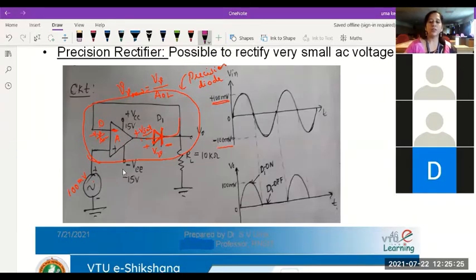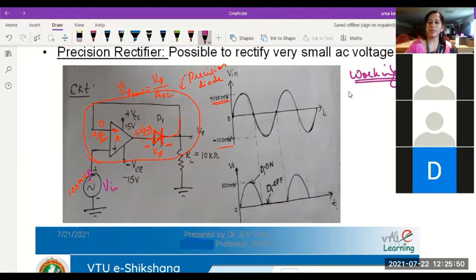Okay, so let's try to analyze the working. How does this work? We have given input voltages Vin of around 100 millivolts peak, so 200 millivolts peak to peak or 100 millivolts peak. You can see here in the waveform.